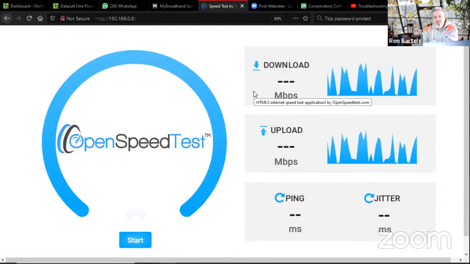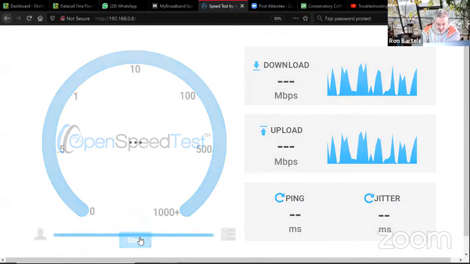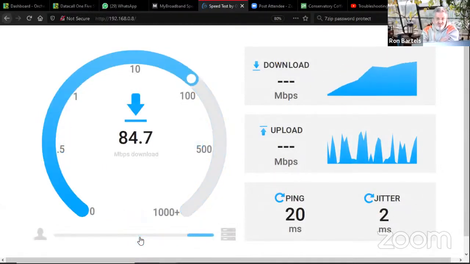Often we put this on sites. The reason we've got it is so that you can do a local speed test to something inside the office, not to something at MyBroadband, which is halfway across Johannesburg. So if we did a test here, this tests from our PC to the Raspberry Pi that's local.